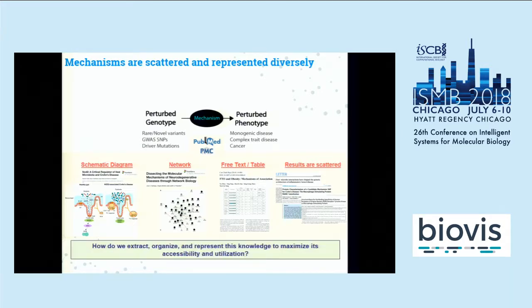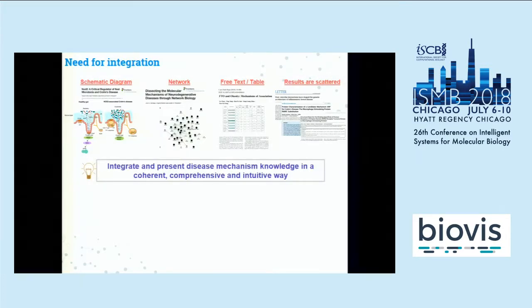So that creates a major challenge: how do we extract, organize and represent this knowledge to maximize its accessibility and utilization? This calls for something to integrate and present disease mechanism knowledge in a coherent, comprehensive, and intuitive way.